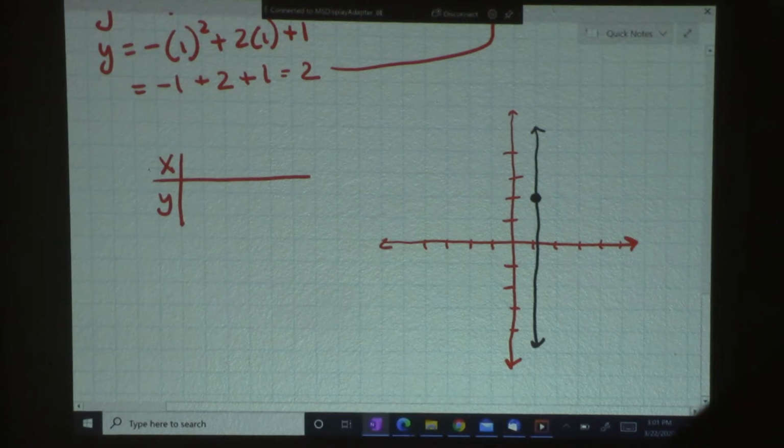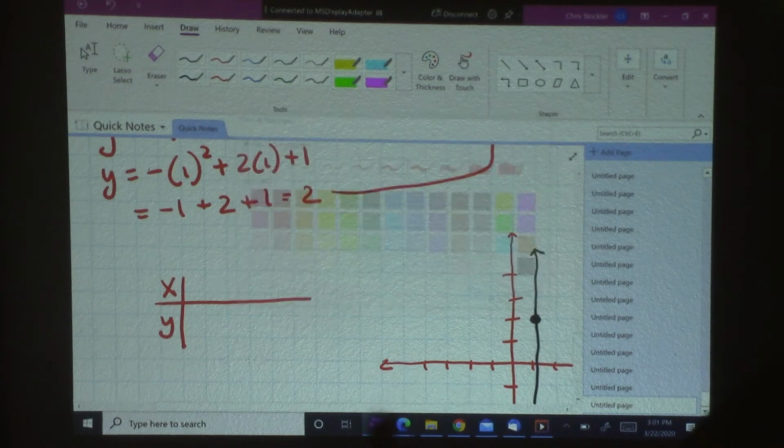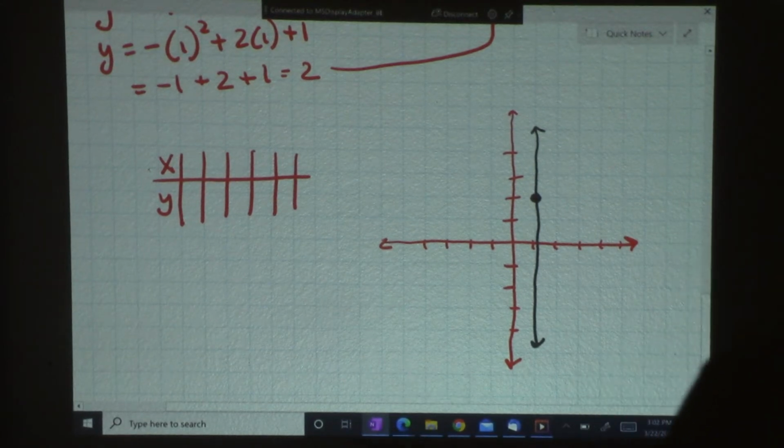Okay, so now I've got that, and I'm going to finish my table. Now, the points that I choose are going to be points that are around my vertex, because I know what's important is how this curve develops right from the vertex, okay? So that's at 1, and I know it's 1, 2, right? Yes.